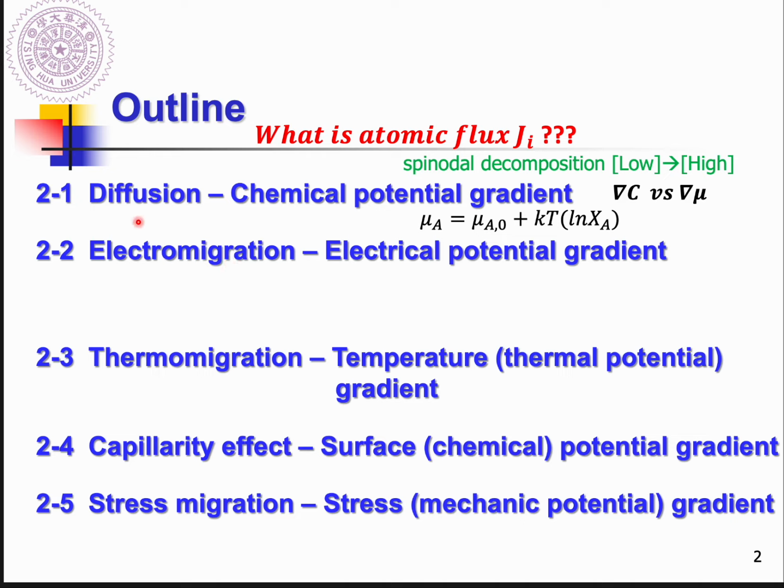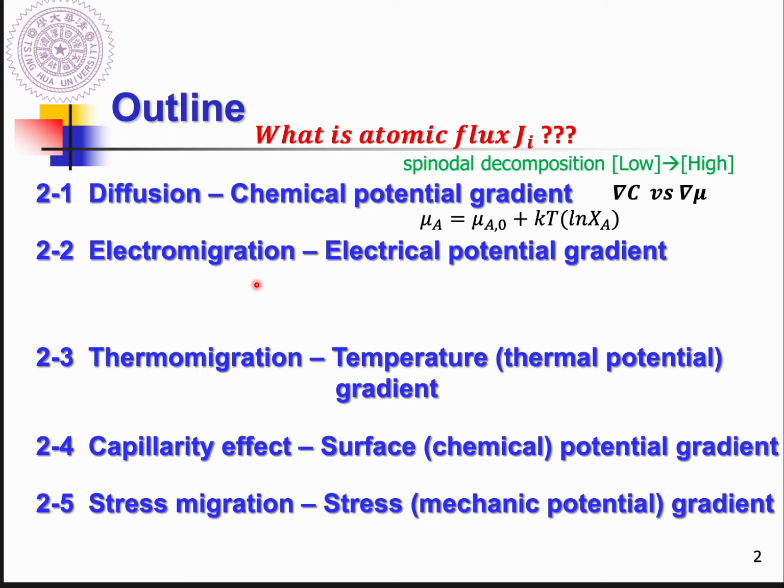In order to have electron flow, we definitely apply an electrical field, or you can say there exists an electrical potential gradient. This gradient will drive the electron flow, which will cause the atomic migration.